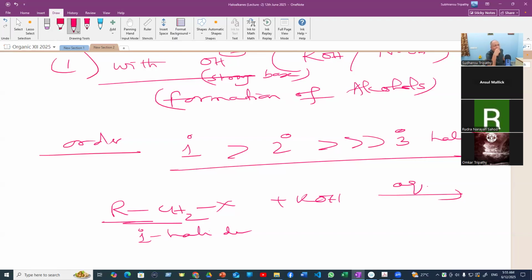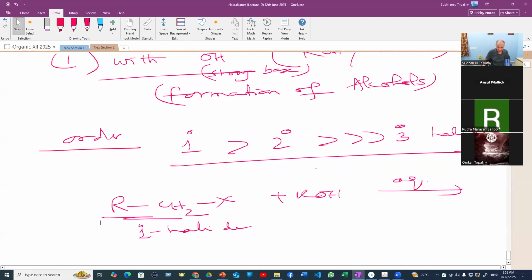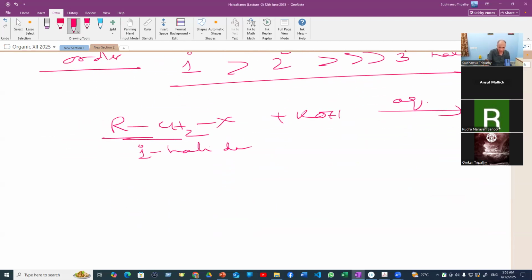No, it's not possible at all. But you have to follow the NCERT book for the purpose of getting marks. So I am writing aqueous, but it can be alcoholic or a mixture of both, so that here the SN2 mechanism will operate.